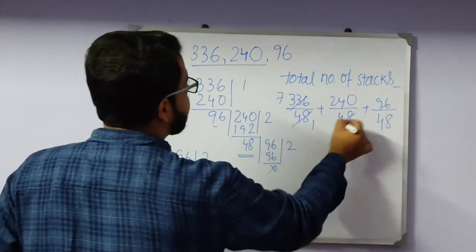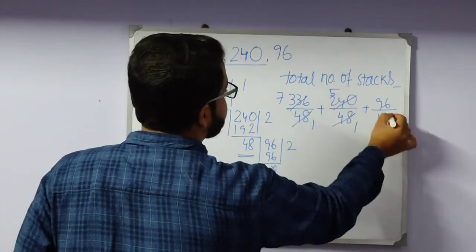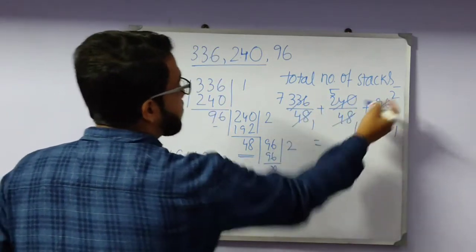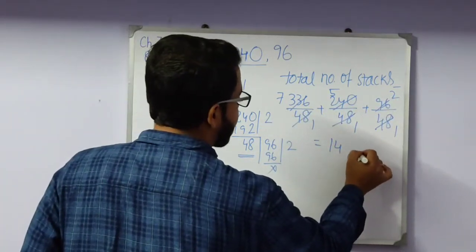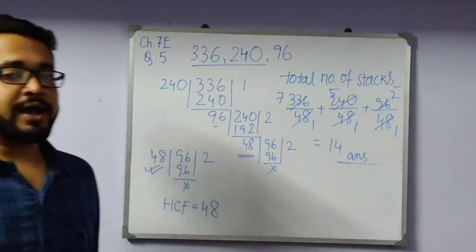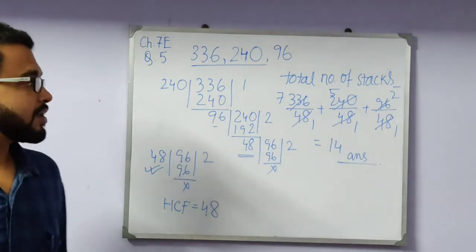This is 7 times, this is 5 times, this is 2 times. 7 plus 5, 12 plus 2, 14. This is your answer. Pause the video and write down on your copy.